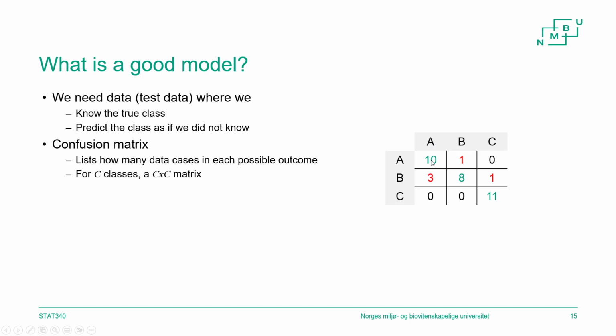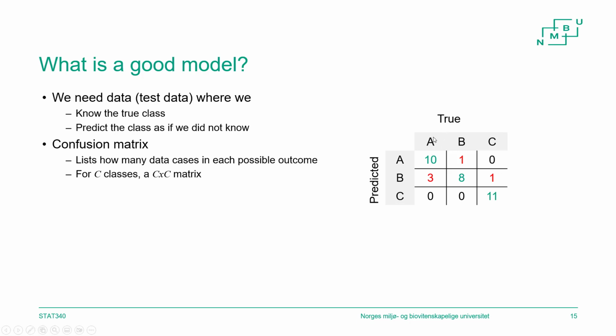And then you can see one of them is the predicted and the other dimension is true. And here the true are in the columns, while the predicted are in the rows. I mean, this could be reversed, but I think this is a convention. You just have to know which one is the true.